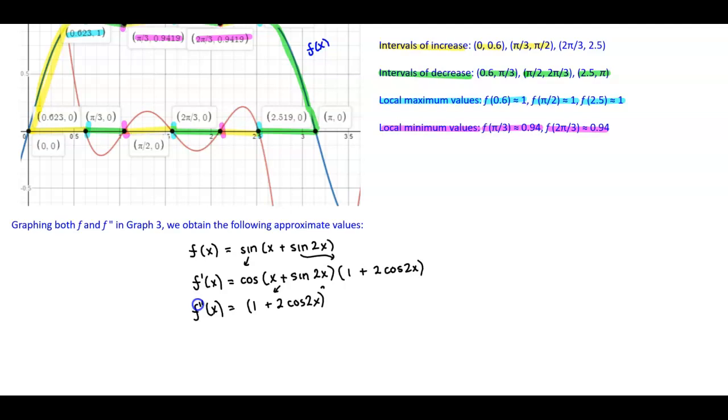And that is squared. Negative, and then this becomes times the sine of x plus the sine of 2x.